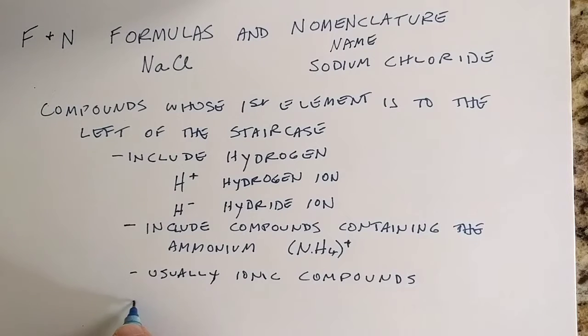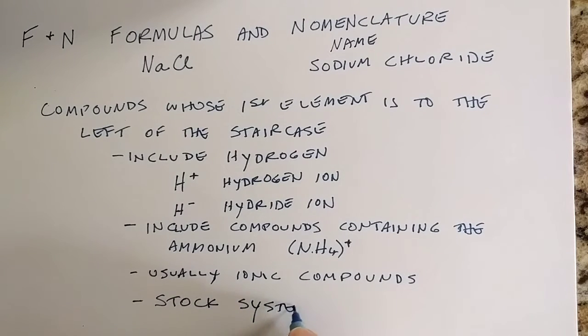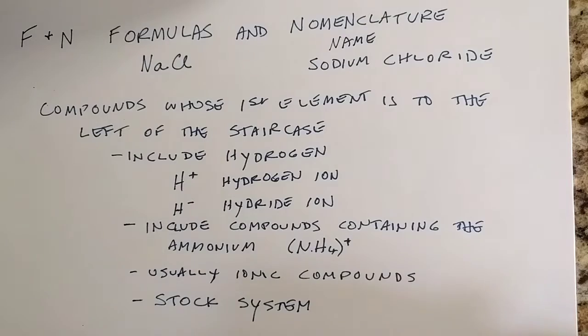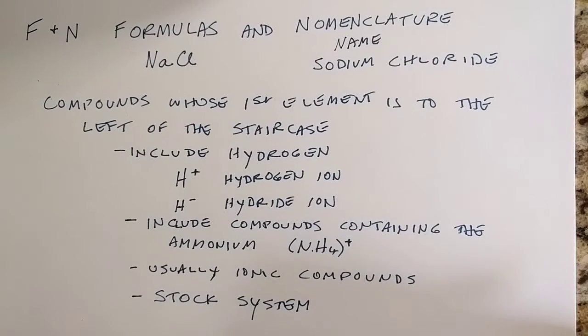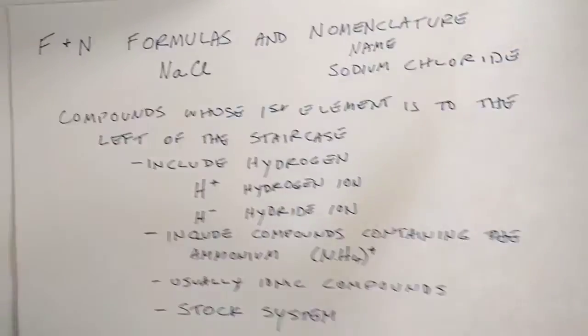The system that we're going to use for formulas and nomenclature of these compounds is called the stock system. There are other systems, but we're only going to learn one system. Today we're going to go from the name to the formula.